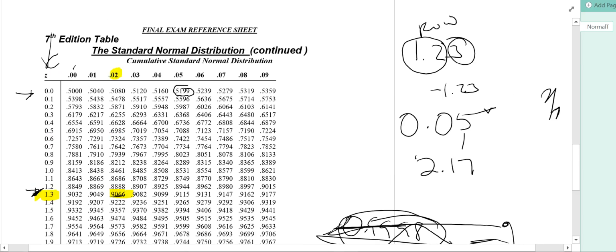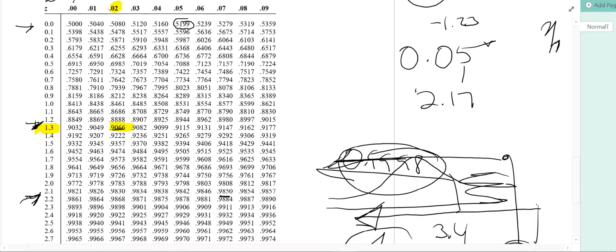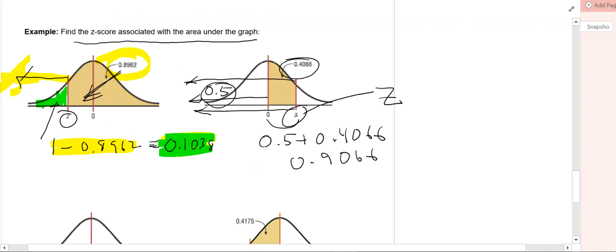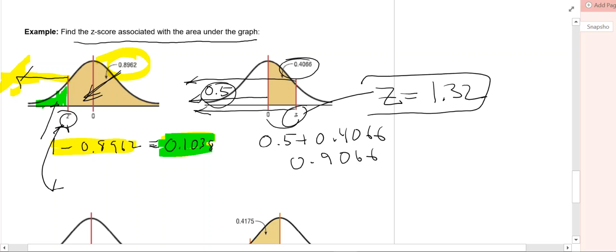Looking up, 0.2. So that particular number, the z-score here, z here is equal to 1.32. Now, I forgot to put this one down. The z-score here ended up being minus 1.26, okay? So from the last problem.